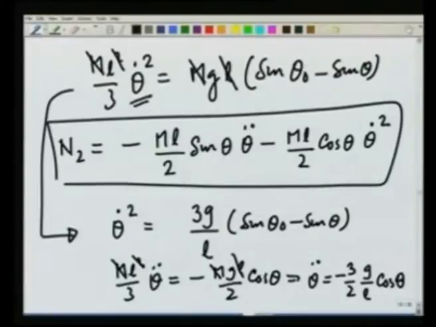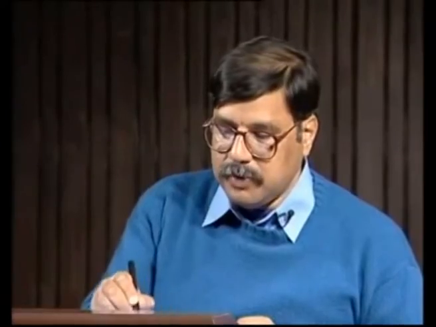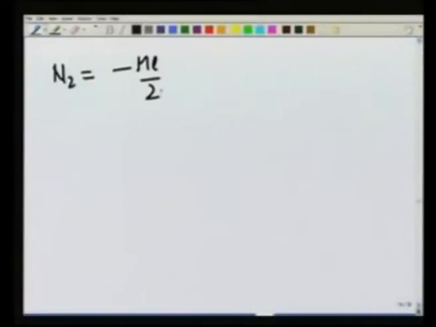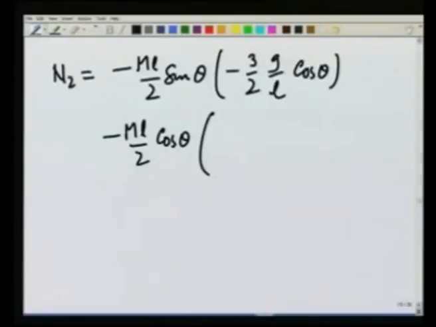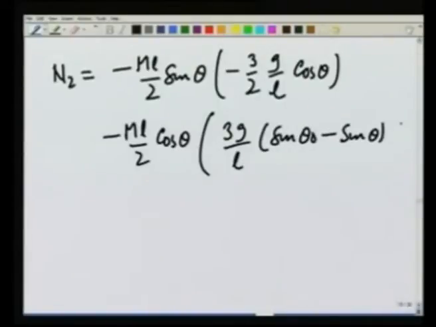we get N2 is equal to minus m L over 2 sin theta times minus 3 over 2 g over L cosine of theta, and the next term is minus m L over 2 cosine of theta, and for theta dot square I get 3g over L sin theta 0 minus sin theta.